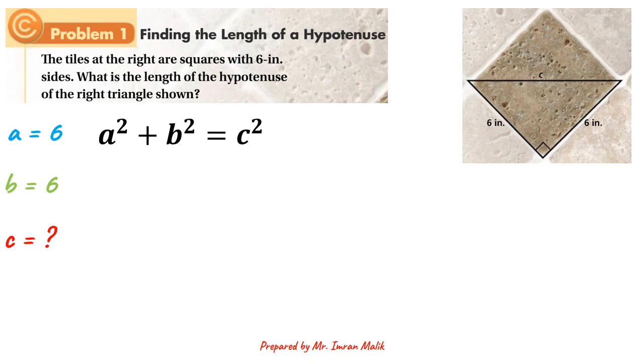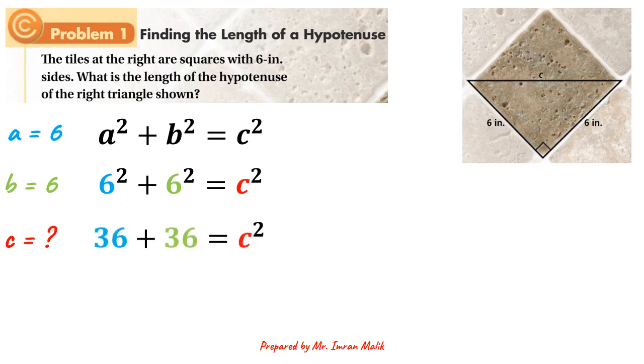Using the Pythagorean theorem, we substitute the value of A and B to be 6. We get 6 squared plus 6 squared is equal to C squared. Evaluating 6 squared, which is 36, plus another 6 squared, which is also 36, then adding them together, we get 72 equals C squared.